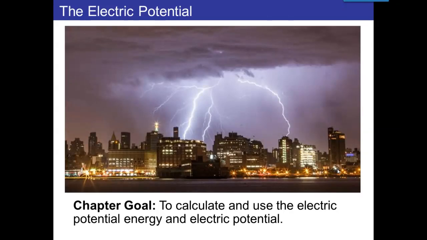In fact, the other major perspective is to look at it from an energy perspective. It turns out you can do the same kind of thing with electric phenomena, and that's what we're going to start to talk about in this chapter. So the goal of this chapter is to calculate and use the electric potential energy and a new term which we're going to call electric potential.